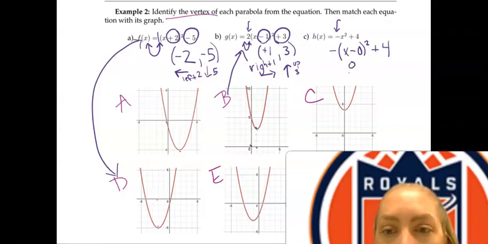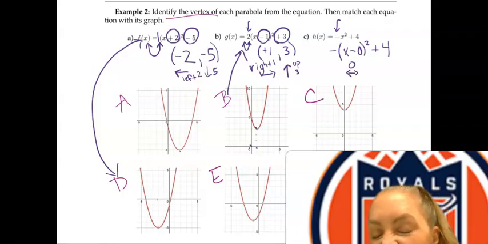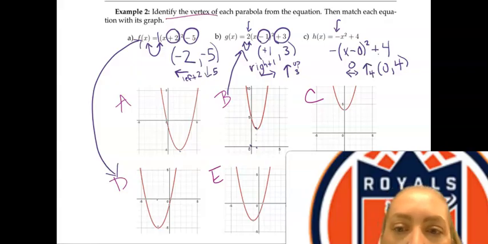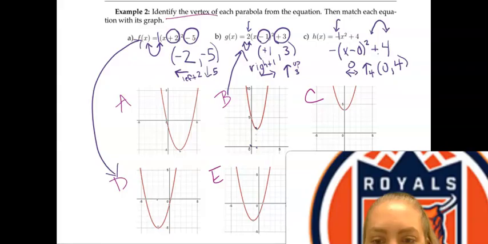So it goes 0 left or right, which means it's going to stay on that y-axis. And the number at the end is +4, and so we know we're going to go up 4. This negative in front is A, it's like a -1, and so we know our graph is going to open down. So we only had one graph.